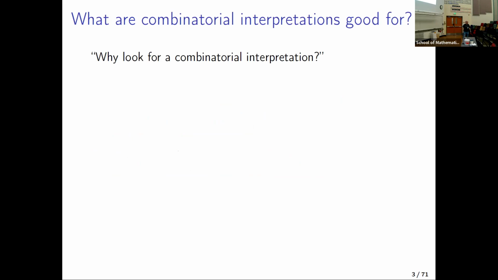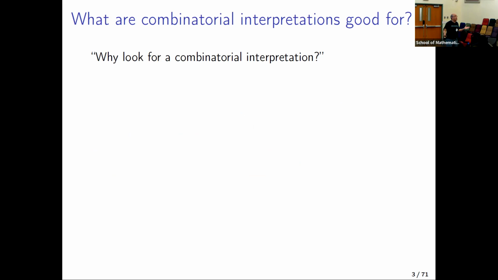So let me address an issue that arose today. What are combinatorial interpretations good for? Well, one thing they're good for is if you find 100 or more combinatorial interpretations for a certain integer sequence, you get to write a book about it.